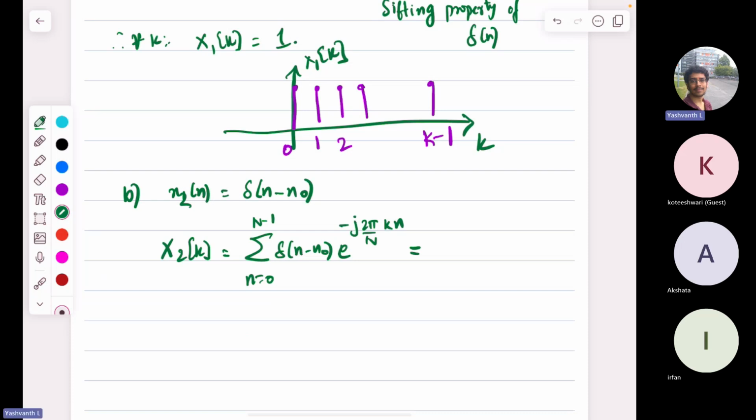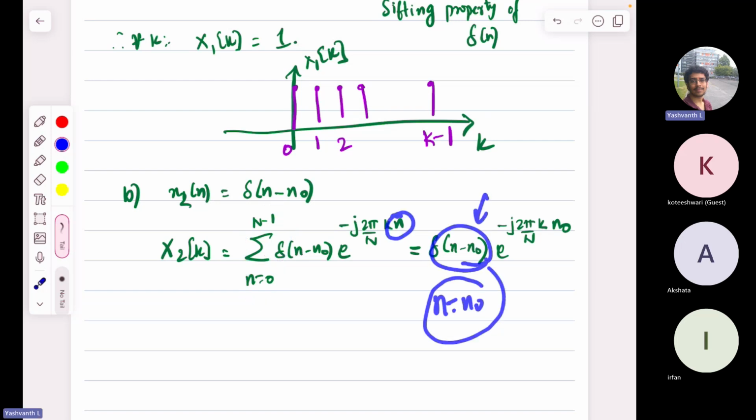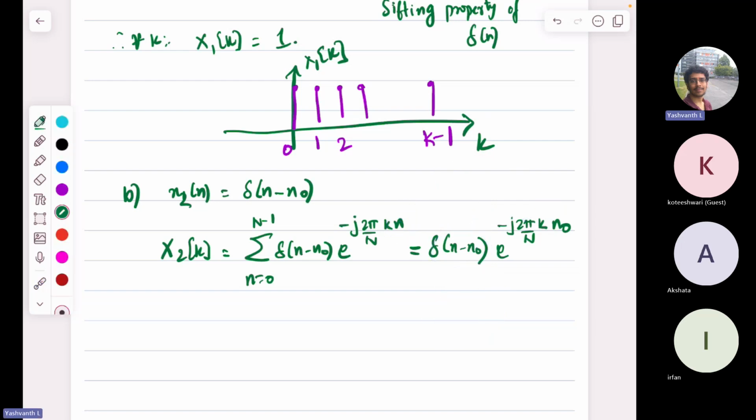Yeah, so again by the shifting property, there's nothing but delta of n minus n naught into e power minus j 2 pi by N and k into n replaced by n naught, because you should not sum over all n. The delta function takes a non-zero value only when n equals n naught, so this n should become n naught. And delta of n minus n naught at n equal to n naught is basically 1.